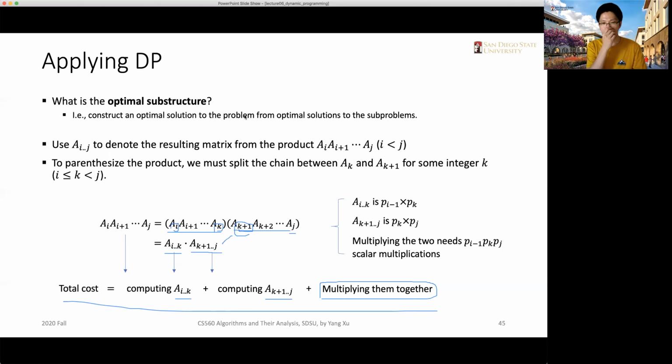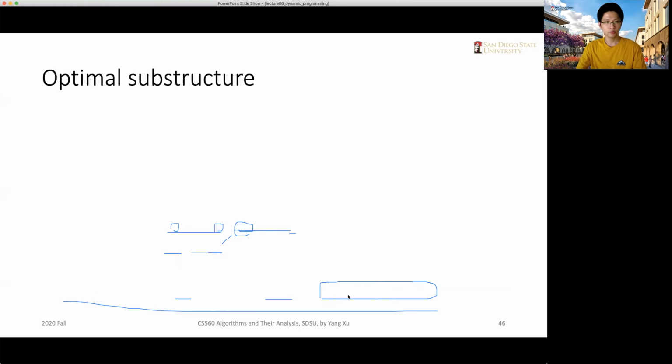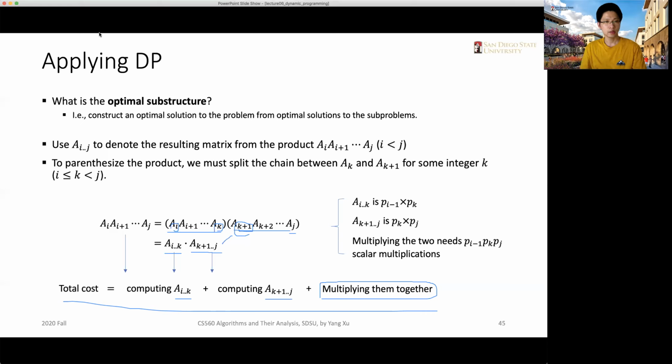Okay, so now we consider what this part would be. What's the cost of multiplying the results together?